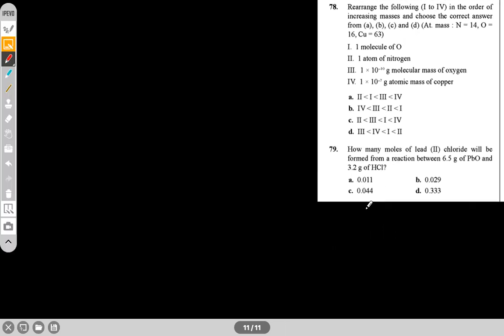Arrange the following 1 to 4 in the order of increasing masses, and choose the correct answer.